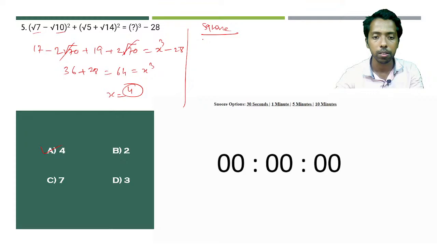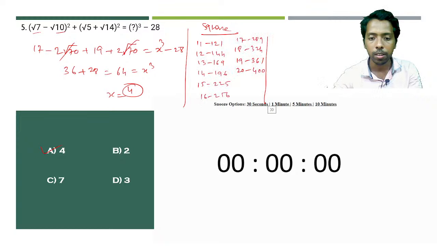I am just writing the numbers: 11 is 121, 12 is 144, 13 is 169, 14 is 196, 15 is 225, 16 is 256, 17 that is 289, 18 that is 324, 19 that is 361, and 20 is 400, right? This is a square term. Now moving to the next one here.